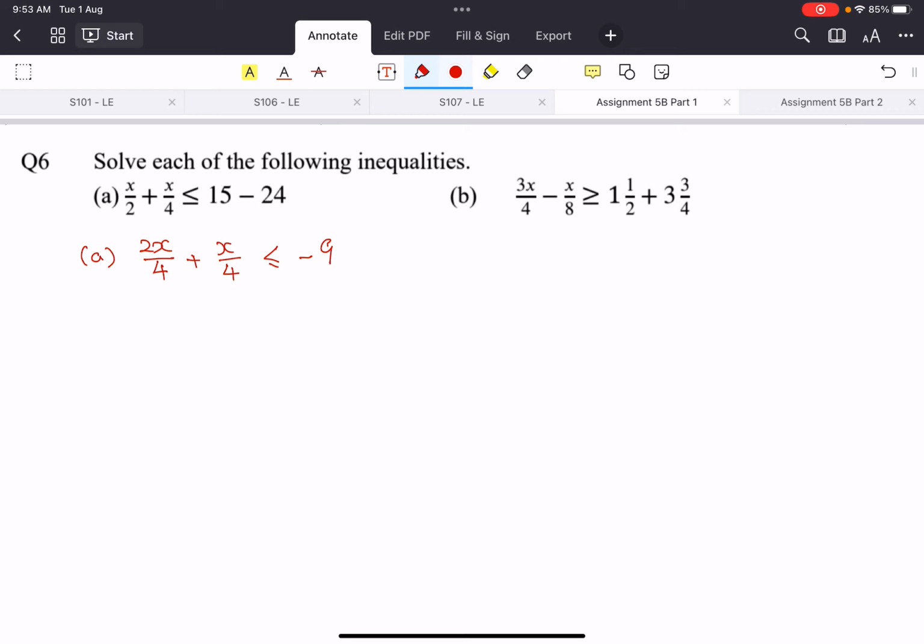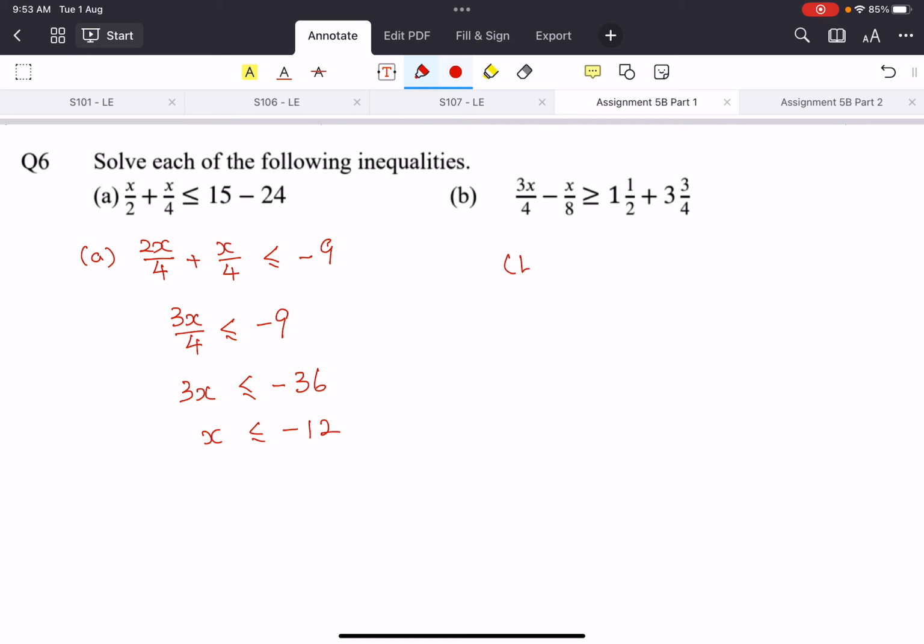After that, we have 3x over 4 less than or equal to negative 9. Multiply by 4 on both sides, or multiply by 4 over 3 if you want to do it straight away, but it's fine to just do it step by step. It doesn't hurt. So we have 3x less than or equal to negative 36, so x is less than or equal to negative 12.